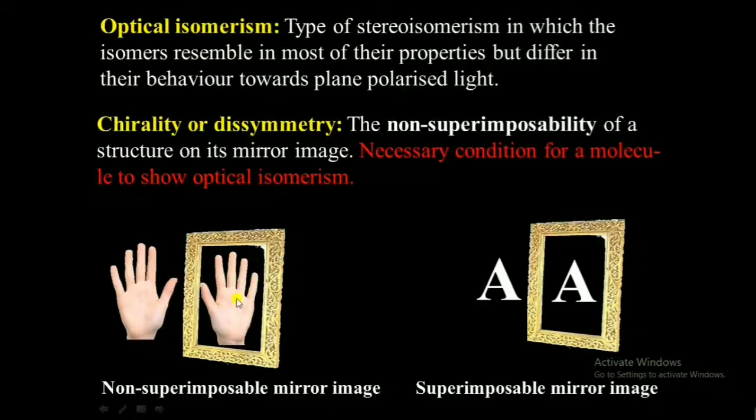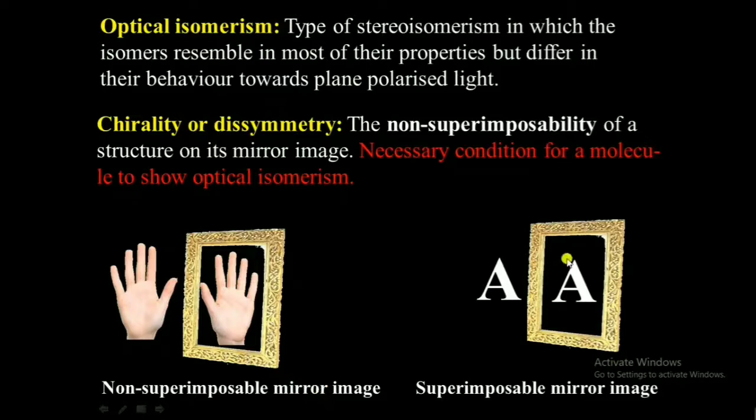You cannot superimpose one hand on the other, because if you try, your thumb will go to the small finger side, and your small finger will go to the thumb side. So the fingers won't match. This is what we call a non-superimposable mirror image.